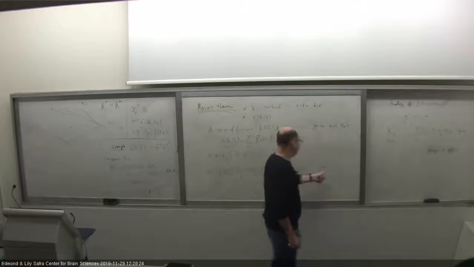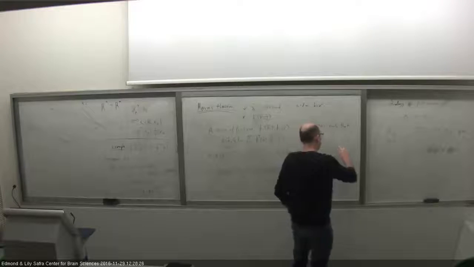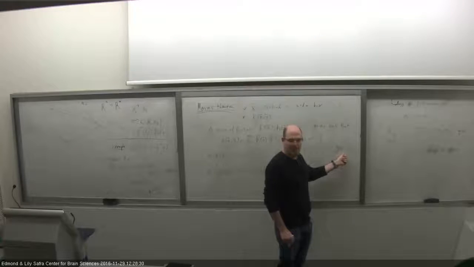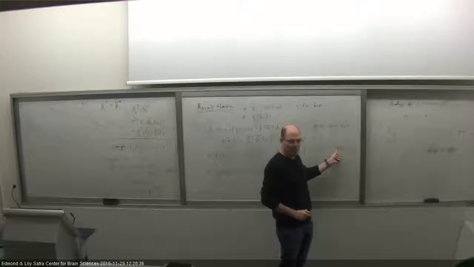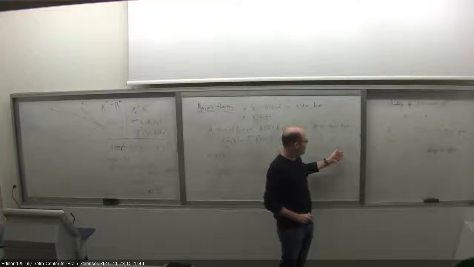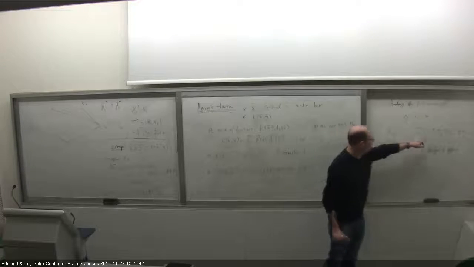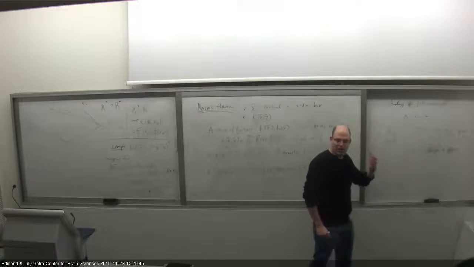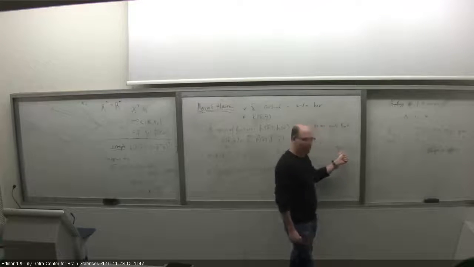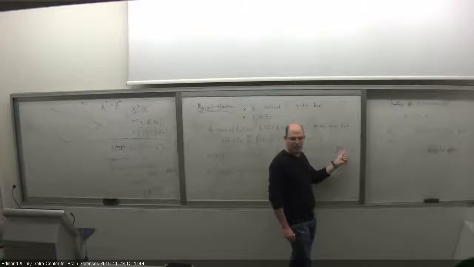If I give you a function G of x, this is actually an infinite number of numbers labeled by the index x. For each choice of x, there is some G. So you can think about G of x as, instead of a vector labeled by a discrete index i, a vector labeled by a continuous index x.